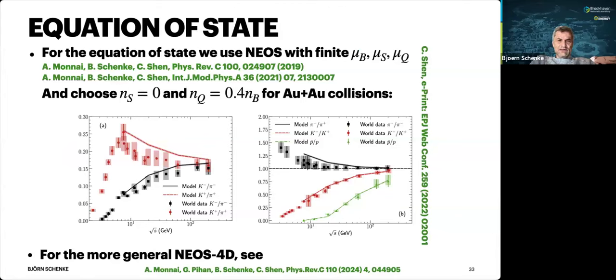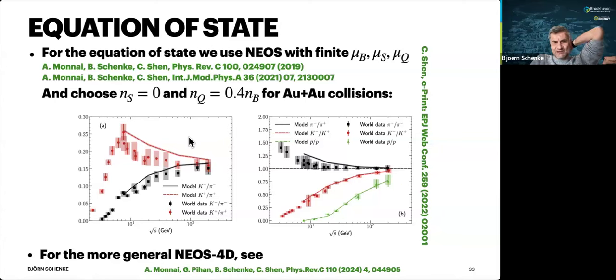Equation of state: now we need one that has the ability to describe a system with finite mu_B, mu_S, and mu_Q at least. In this case, we choose that the total strangeness is 0, so we don't consider strangeness fluctuation. And we fix the charge n_Q to be 0.5 times the baryon density, which is good for gold-gold collisions because of the ratio of protons to neutrons.